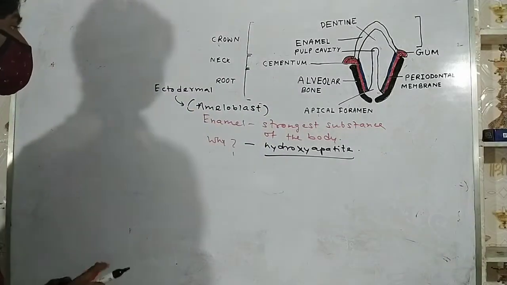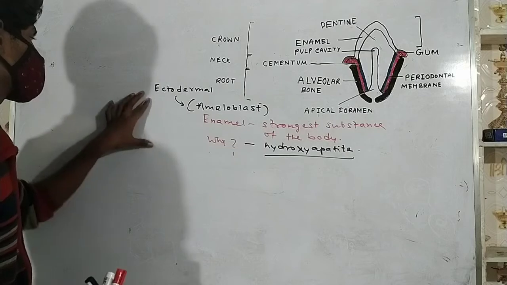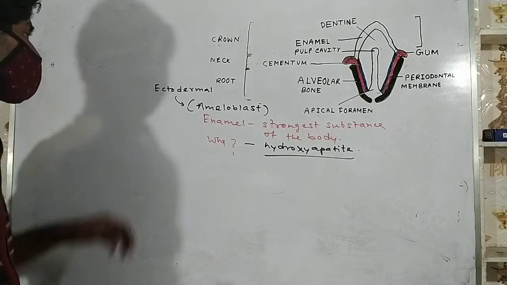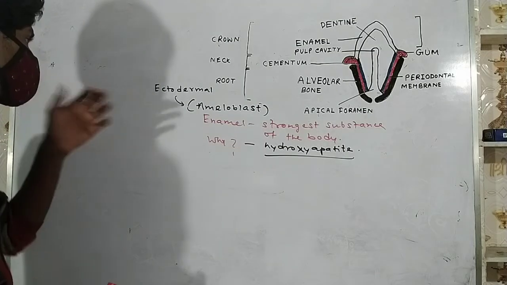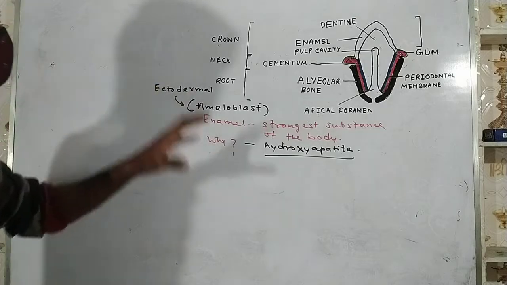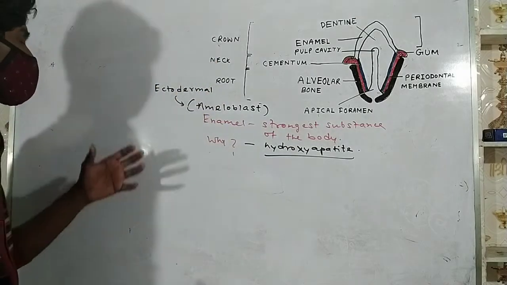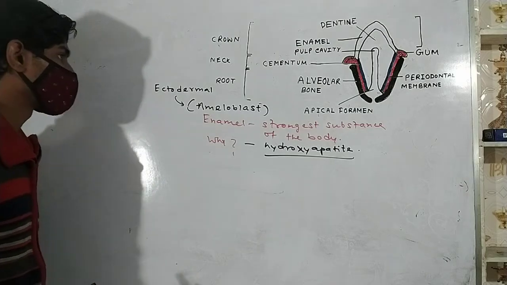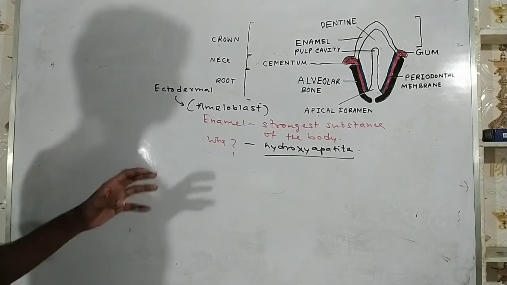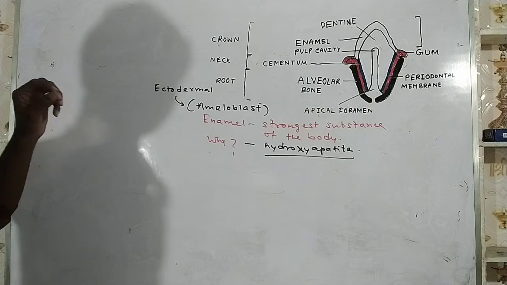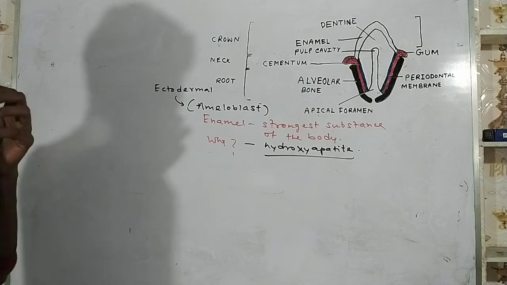The enamel originates from the ectoderm of the embryo, so it is ectodermal in origin, whereas the rest of the tooth is mesodermal in origin. So you can say that the tooth is ectomesodermal in origin.